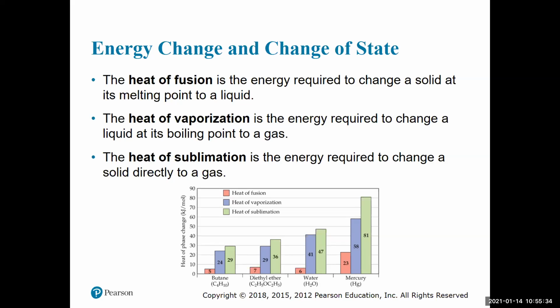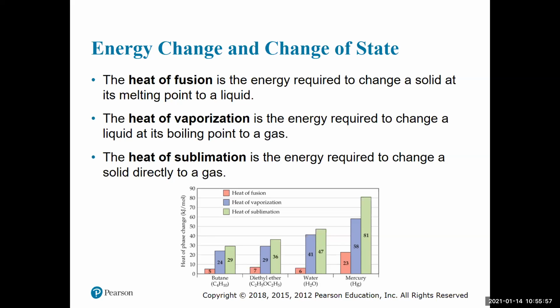So heat of fusion means you've gotten to the right temperature, whatever that melting point temperature is. So you've gotten the solid to that, and now you want to convert the solid to a liquid. That value is the heat of fusion for that material.